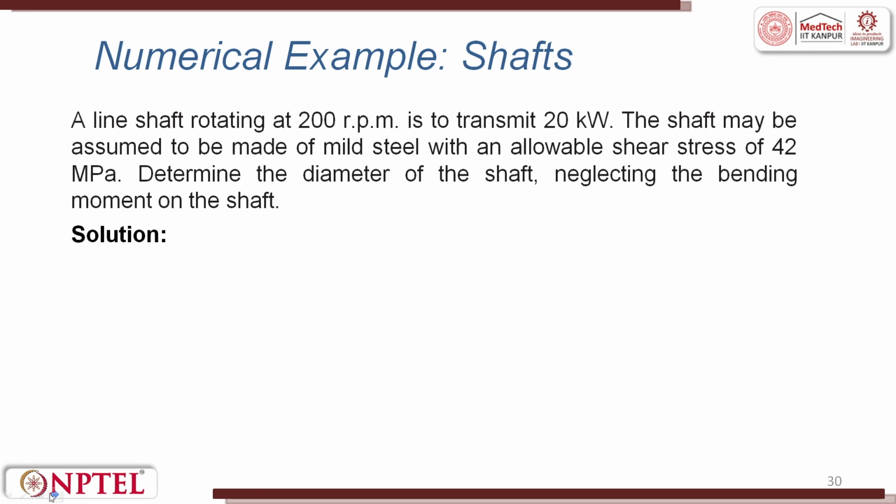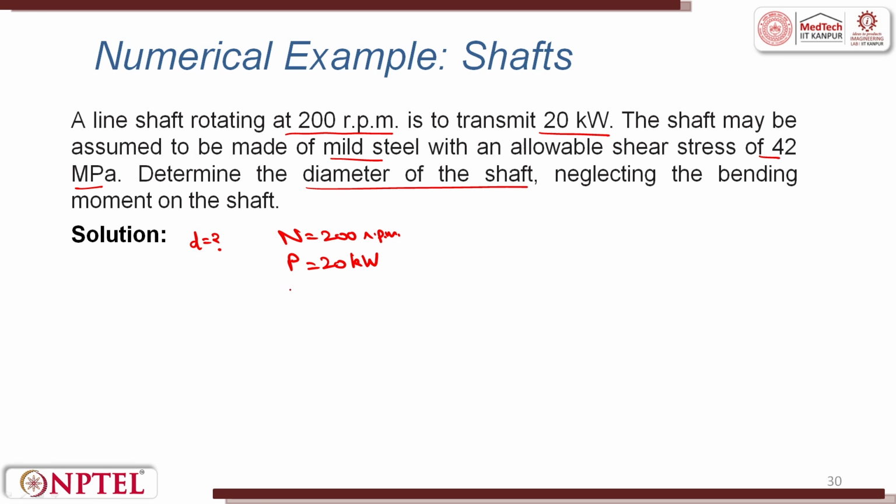This is the problem statement that is given. A line shaft rotating at 200 rotations per minute is to transmit 20 kilowatts of power. The shaft may be assumed to be made of mild steel with an allowable shear stress of 42 megapascal. Determine the diameter of the shaft, neglecting the bending moment of the shaft. That is, the unknown is the diameter of the shaft, and what is given is capital N, that is 200 RPM, and the power is equal to 20 kilowatts.